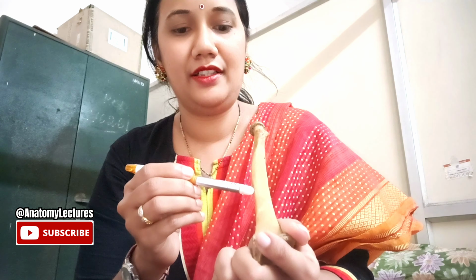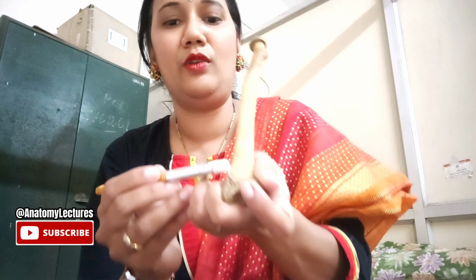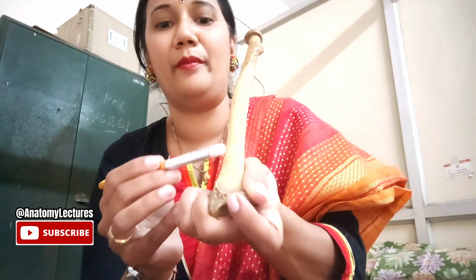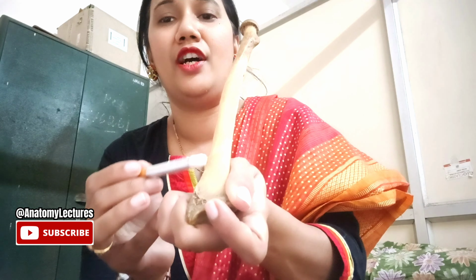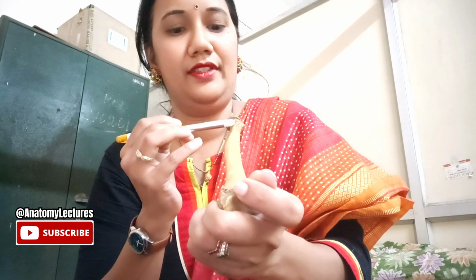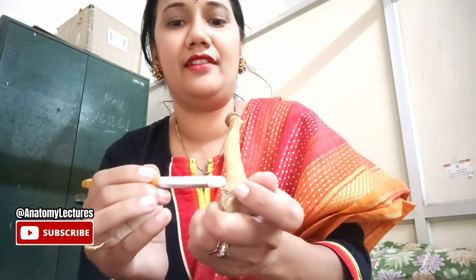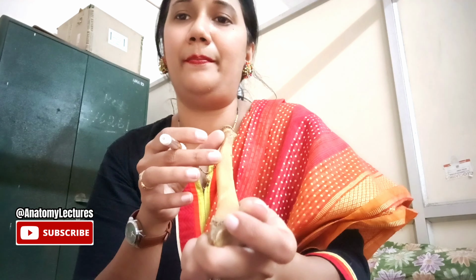Okay, and it is passing below, and in the lower end it is becoming prominent and forming like a ridge. So this anterior border, in its upper part, will give origin to the radial head of the flexor digitorum superficialis muscle.